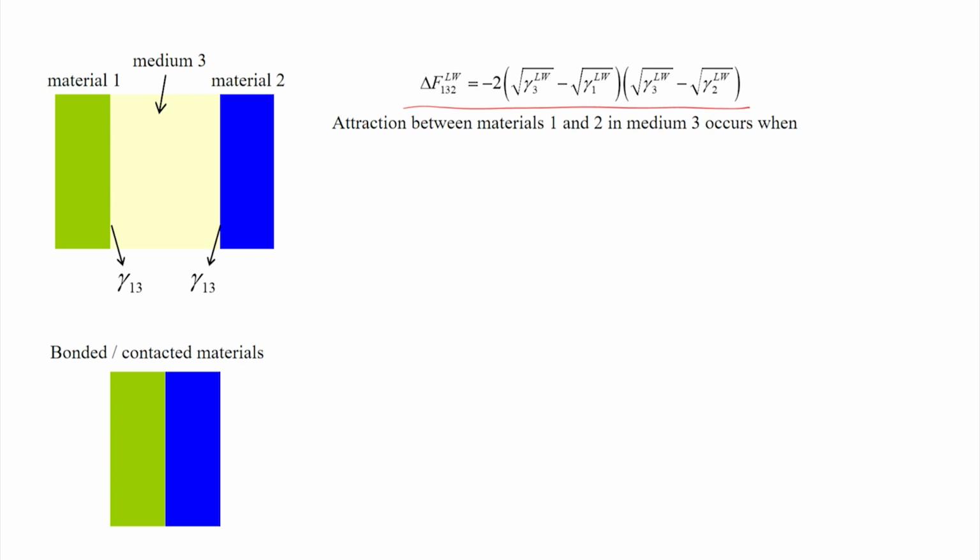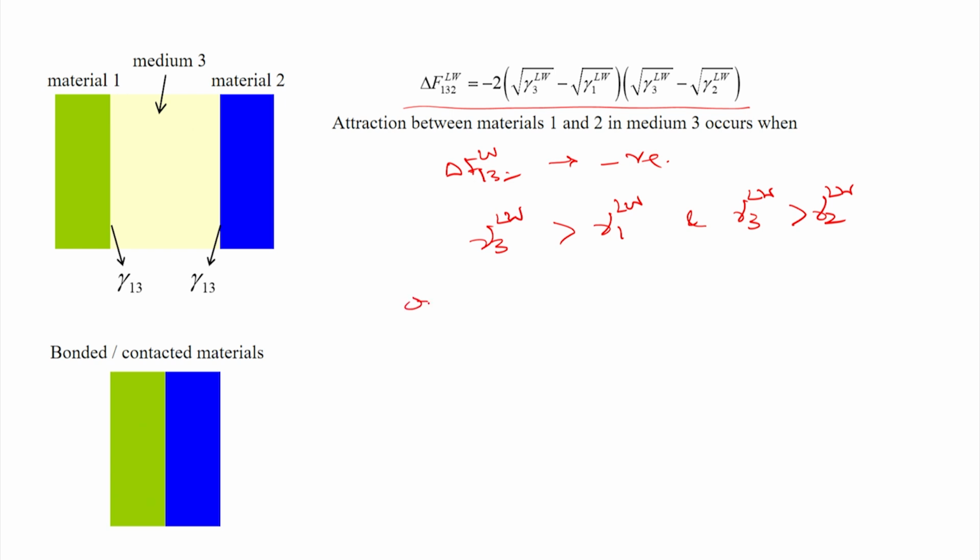So, for attraction, this delta F 132 LW will be negative. When will that be negative? When gamma 3 LW is greater than gamma 1 LW and gamma 3 LW is greater than gamma 2 LW, right.